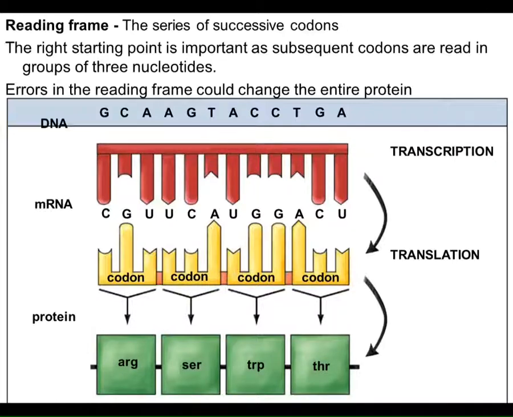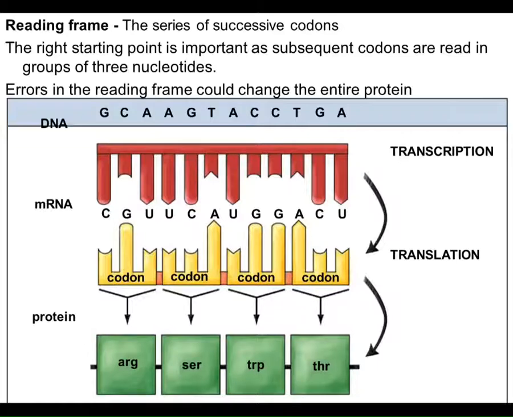Well, in first grade, we learned to put a capital letter at the beginning. So the capital letter indicates the beginning of a sentence, and then we learned that at the end of a sentence, we put a period. So the ribosome needs the same sort of guidelines, and we call this the reading frame. So there will always be a place where the ribosome starts so that this message will make sense.